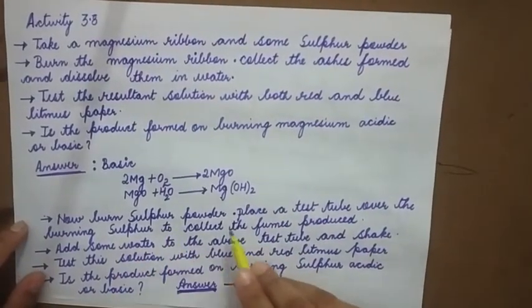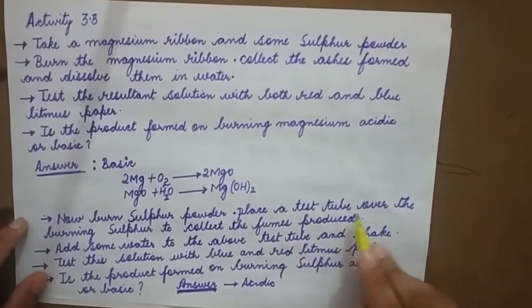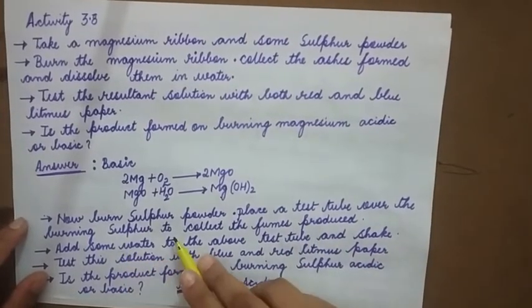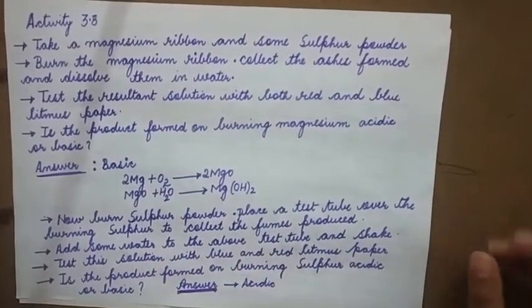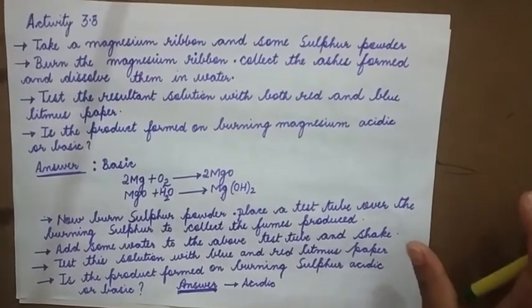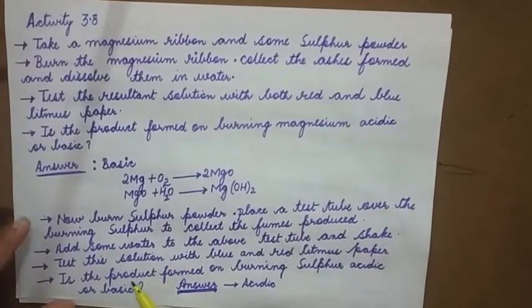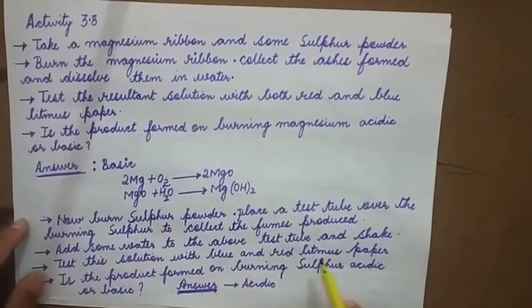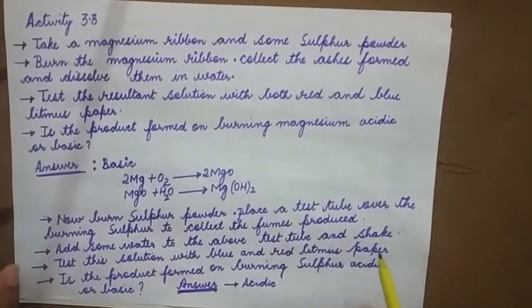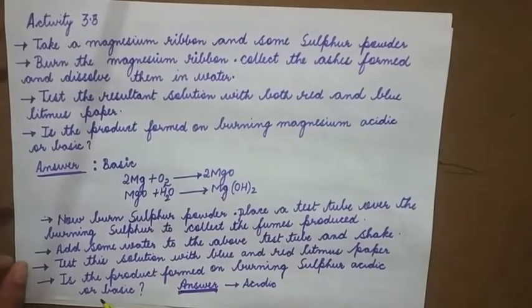Now burn sulfur powder. Place a test tube over the burning sulfur to collect the fumes produced. So we are collecting the fumes that are obtained while burning sulfur. Then add some water to the above test tube and shake it. Test the solution with blue and red litmus paper.